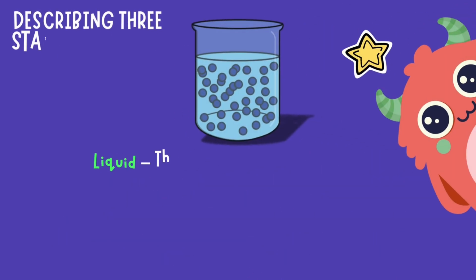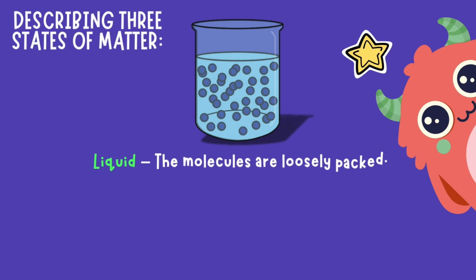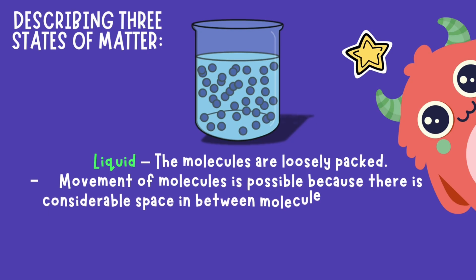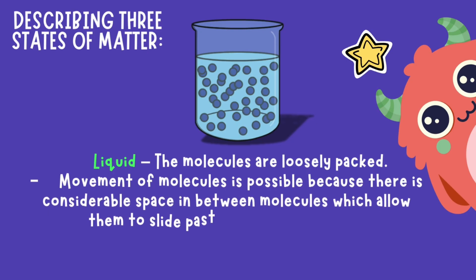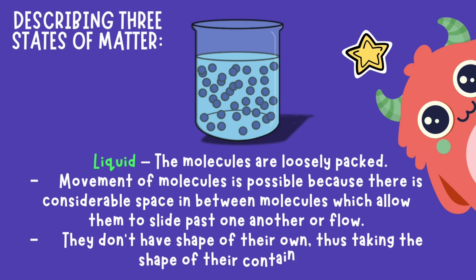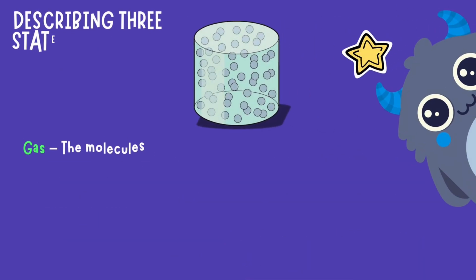Next, we have liquid. The molecules are loosely packed. Movement of molecules is possible because there is considerable space in between molecules, which allow them to slide past one another or flow. They don't have a shape of their own, thus taking the shape of their container. Okay, and lastly, we have the gas.